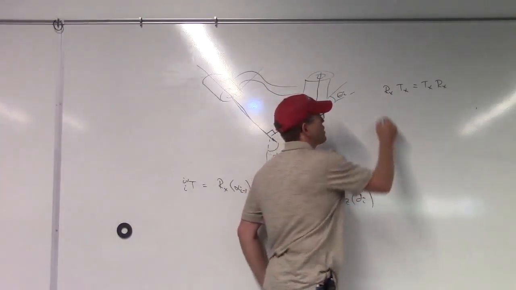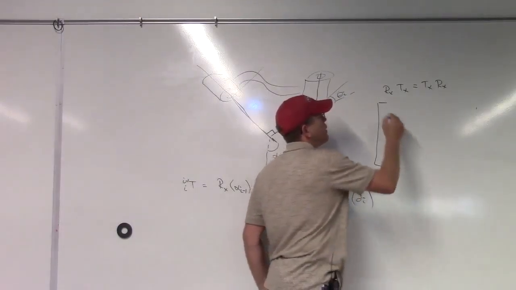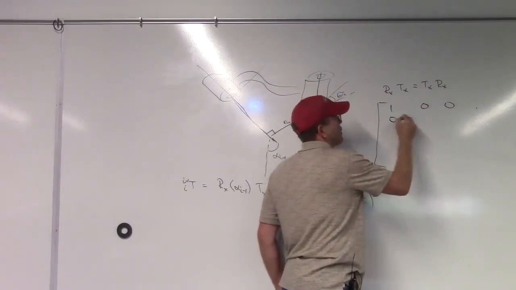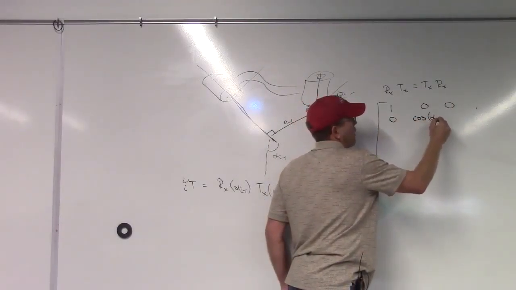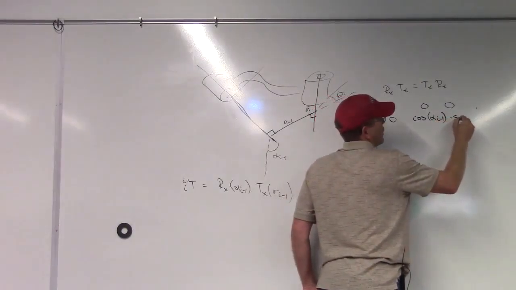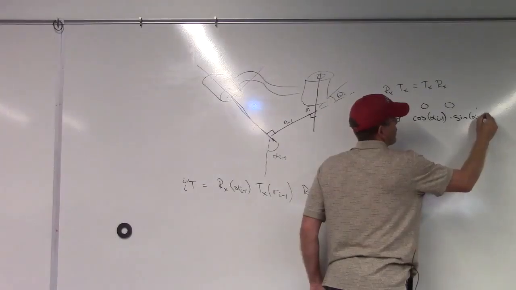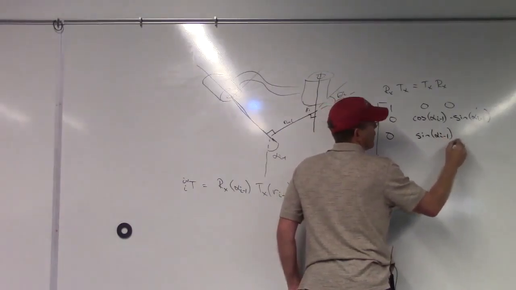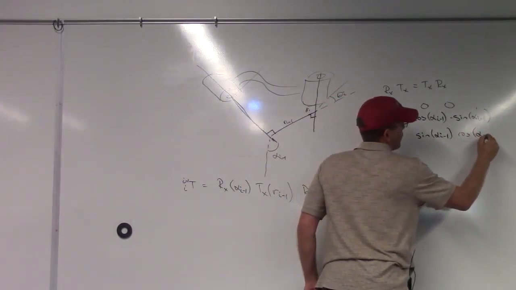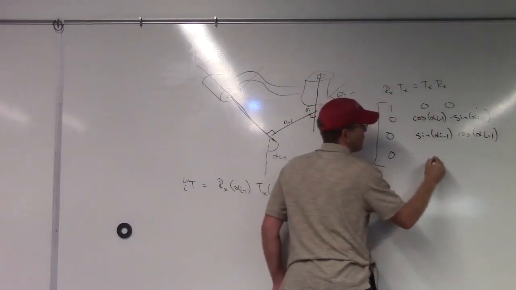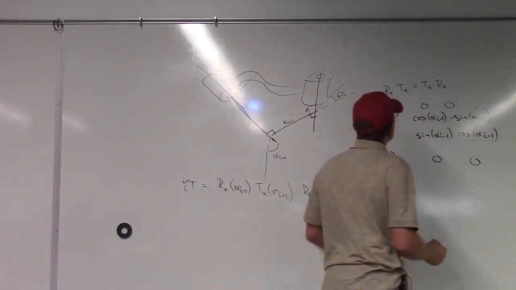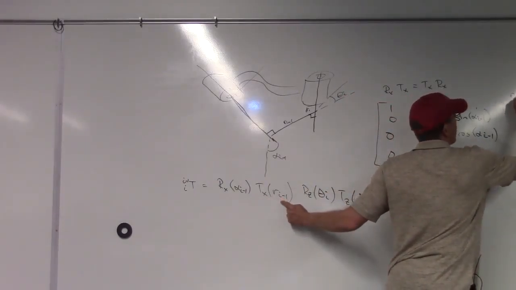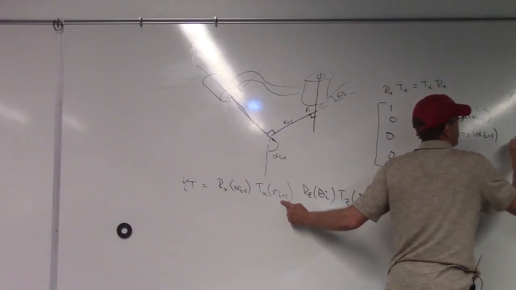In fact, this homogeneous transformation would look something like, let's see, it's about x, so 1, 0, 0, 0, cosine of alpha i minus 1, negative sine of alpha i minus 1, 0, sine alpha i minus 1, cosine of alpha i minus 1, 0, 0, 0, and this is our x, so r i minus 1, 0, 0, 1.